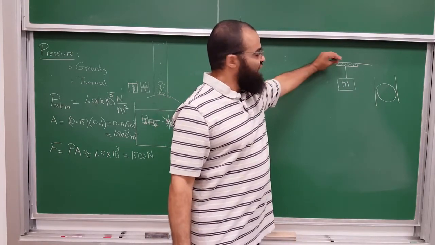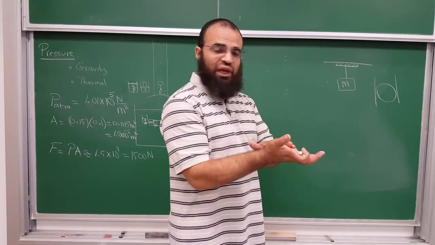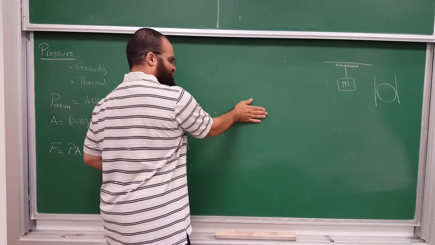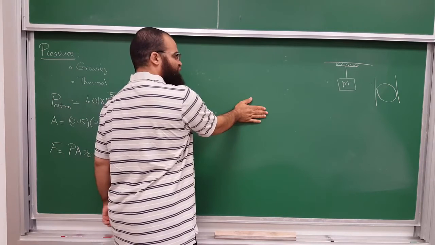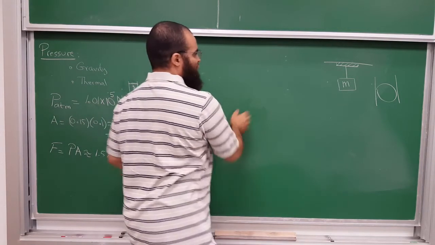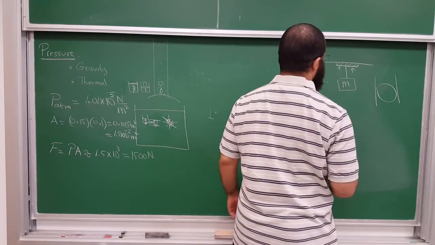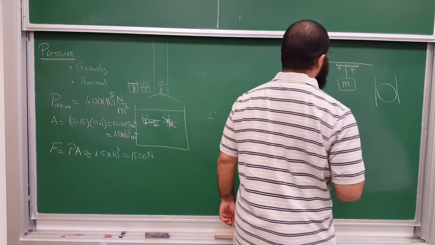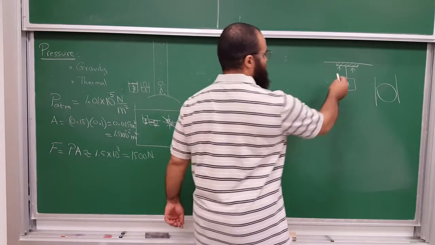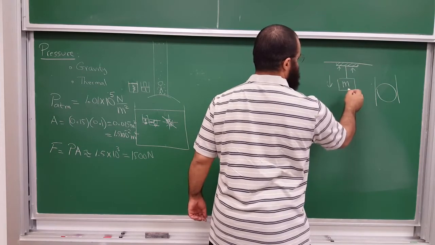So if it's completely empty, from inside the suction cup there is no air. What are the forces on it? Well, you got the atmospheric pressure this way, and then there is the mass times gravity.